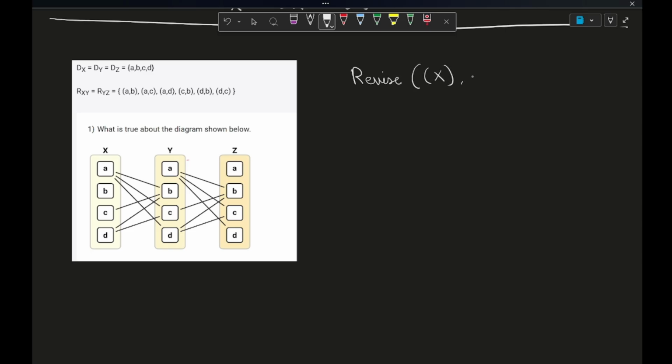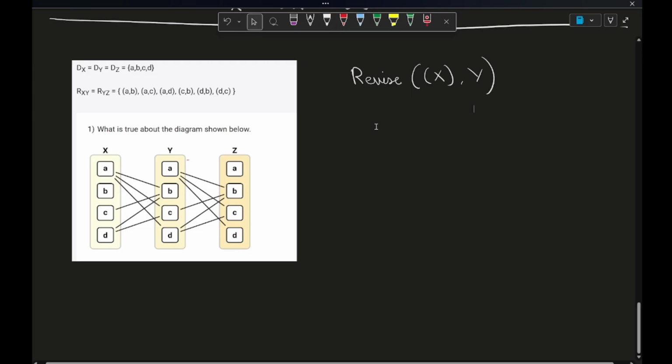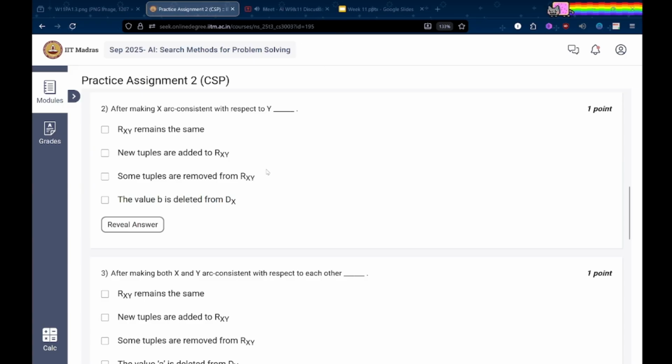To make x and y arc consistent with each other, we have to call y comma x also. Here we are just making x arc consistent with y, so we only call this. The next question says with respect to each other, so we'll come across that afterwards.